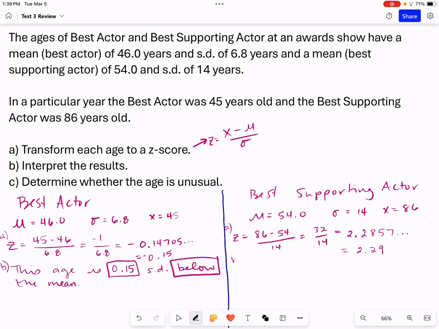And so similarly over here, this age is 2.29. So I don't change my number here, but technically I'm considering this as a positive, because that positive is going to tell me that I'm going to be above the mean.